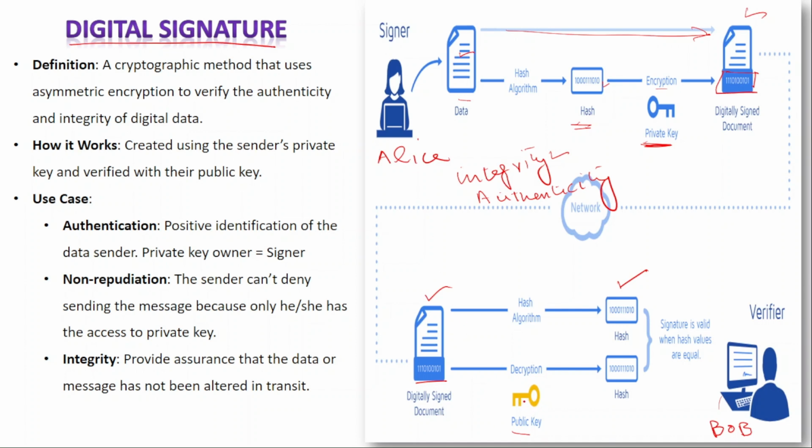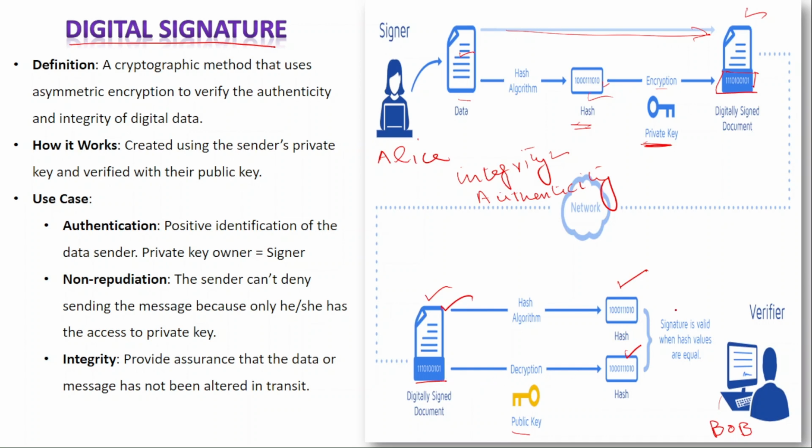So he decrypts the encrypted hash with Alice's public key and receives the hash value that Alice actually sent, and then he compares both hash values with each other, the one that he got from hashing the message in plain text and the other that he decrypted that was sent by Alice.